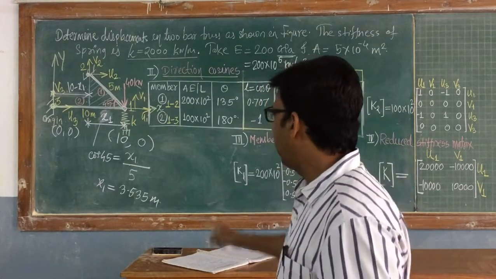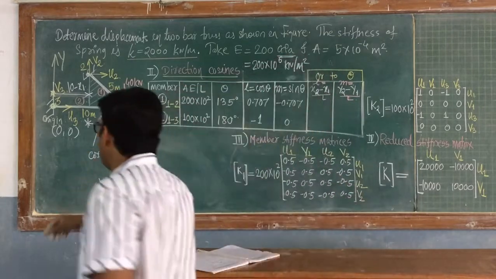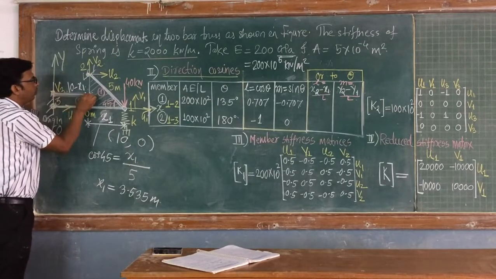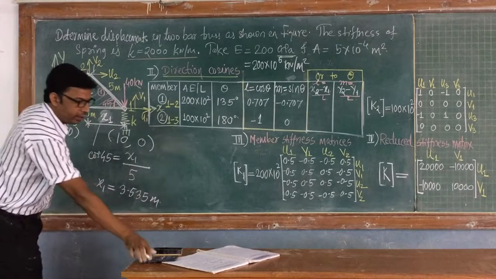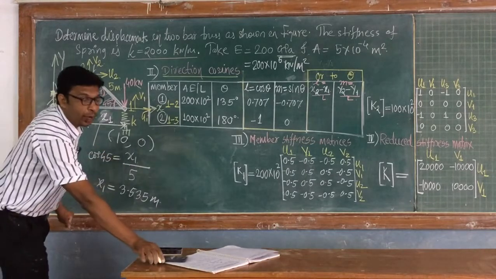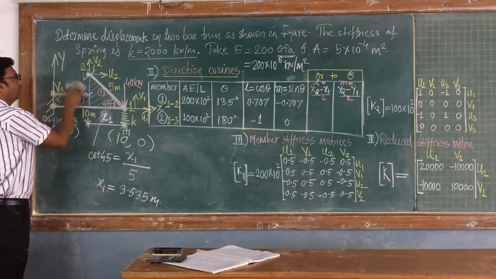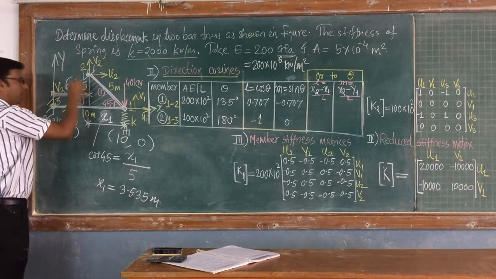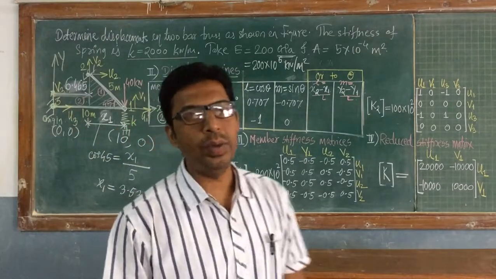And this distance is equal to 10 minus 3.535, which is 6.465 meter.